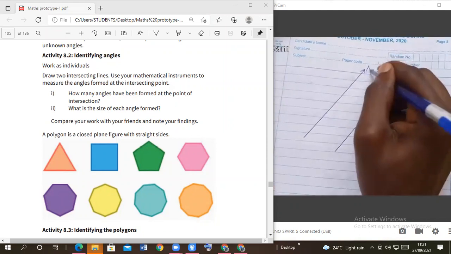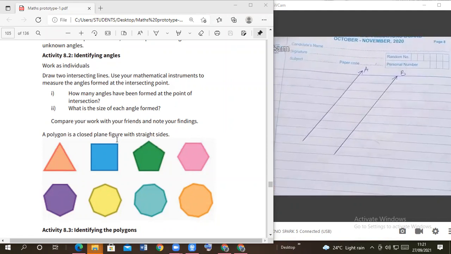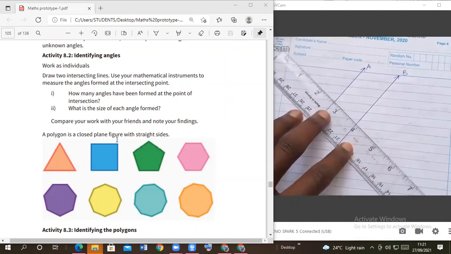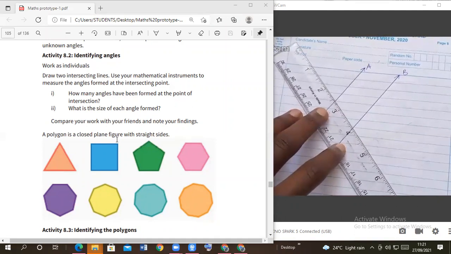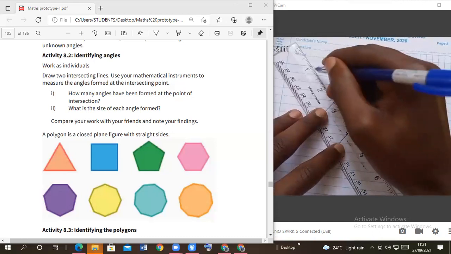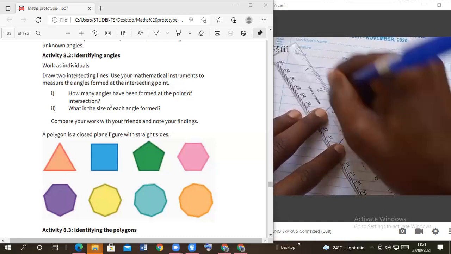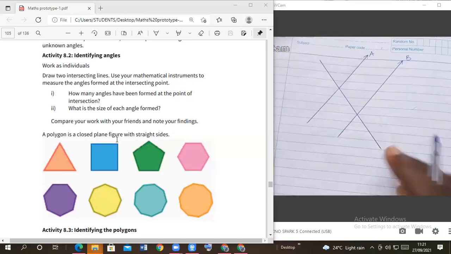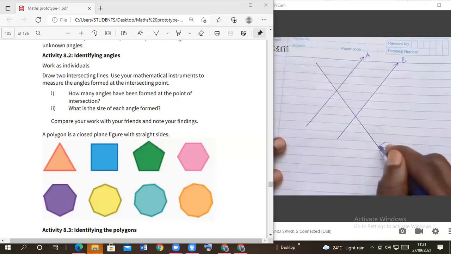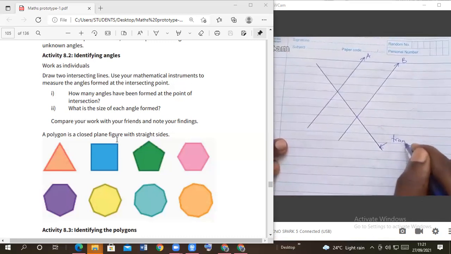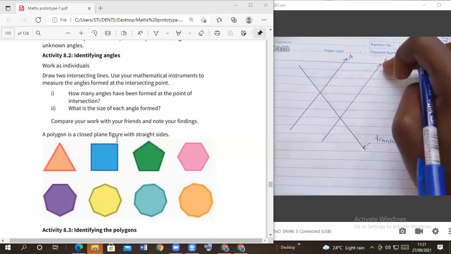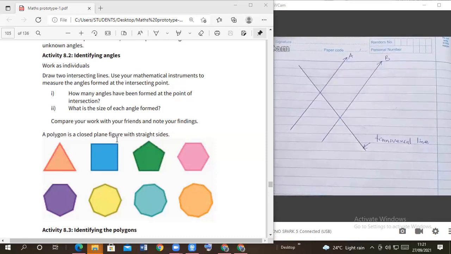Let me say this is line A, and this is line B. Now, if I draw another line cutting across these parallel lines, this line is called a transversal line. But lines AB are parallel. Good.